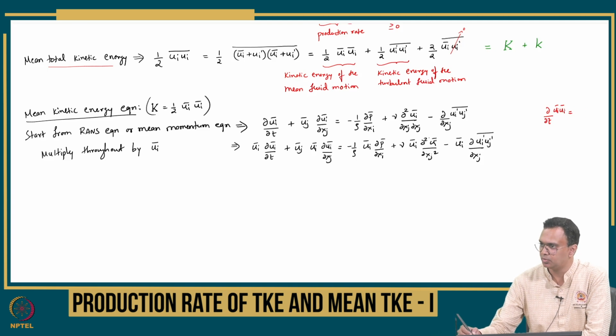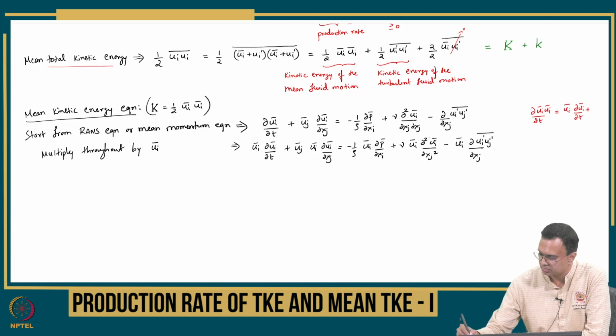So I can write dou ui bar squared by dou t will be ui bar dou ui bar by dou t plus the same thing, ui bar dou ui bar by dou t. You get 2 of this, right?